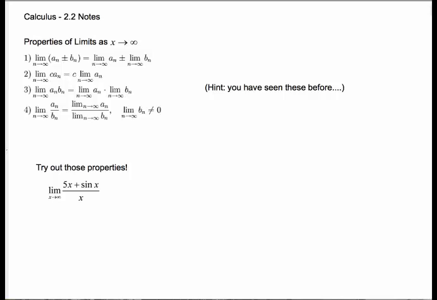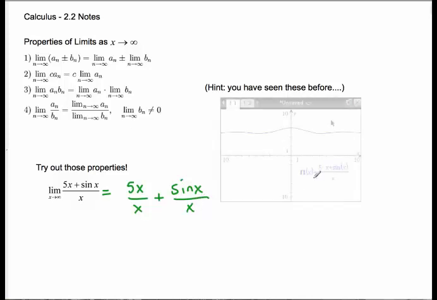As x goes to infinity, we can look at this as the sum of two different things. So for this particular guy, we would look at the limit of 5x over x plus sine x over x. We would look at this limit right here and see what was going on with that.